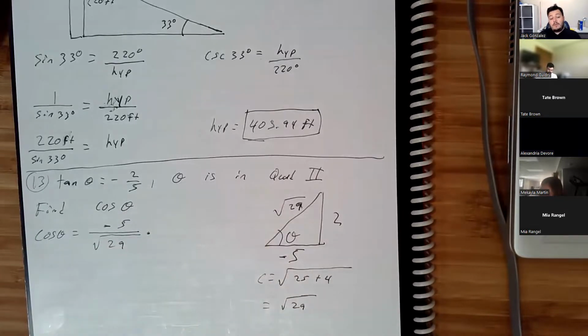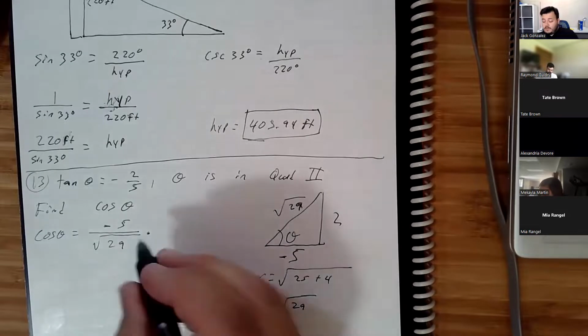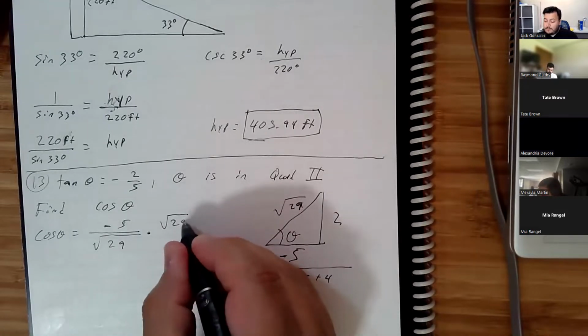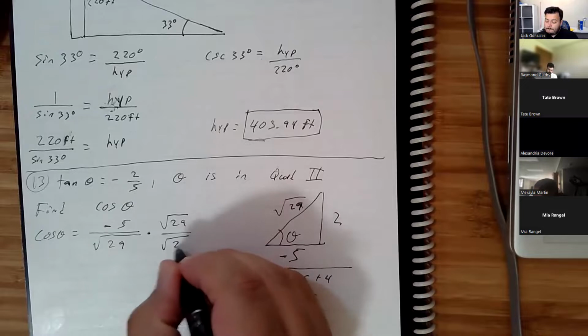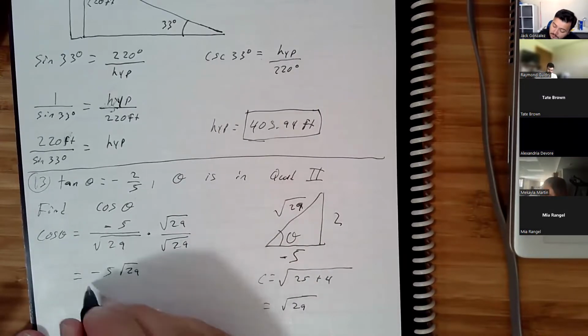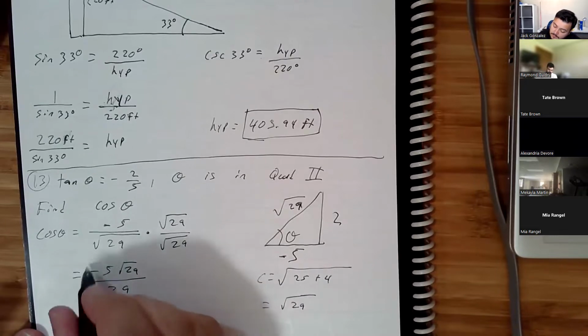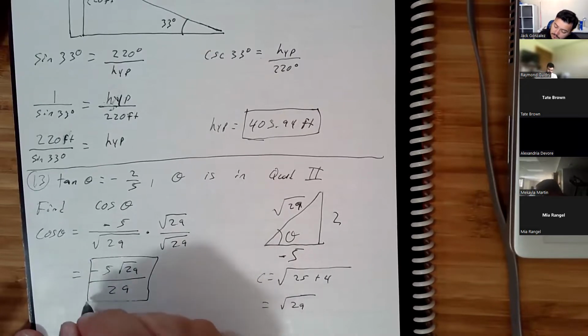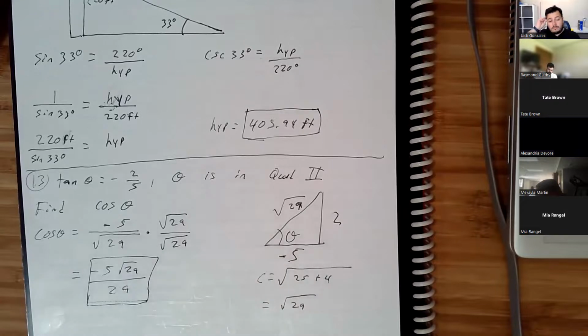Okay. Rationalize it. You've got to multiply by root 29. It'll be negative 5 root 29 over 29. Any questions on the setup or the final answer?